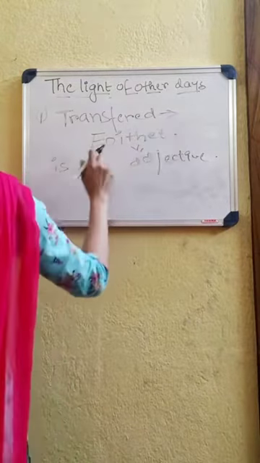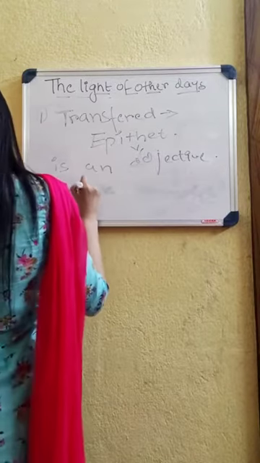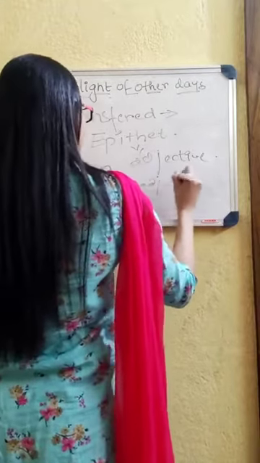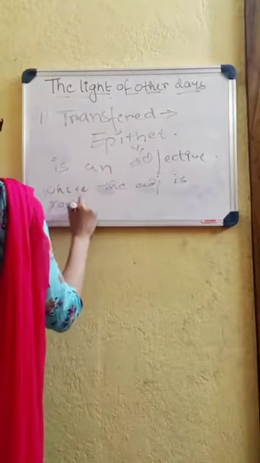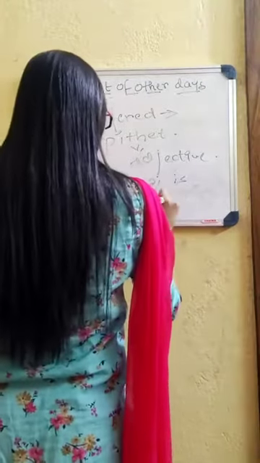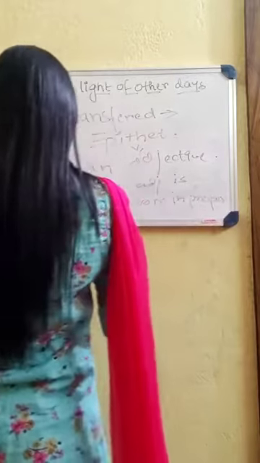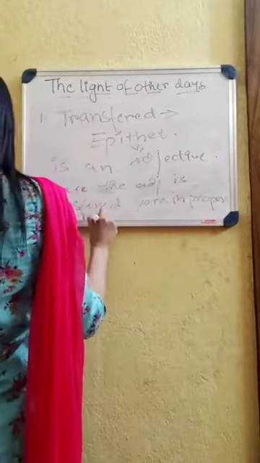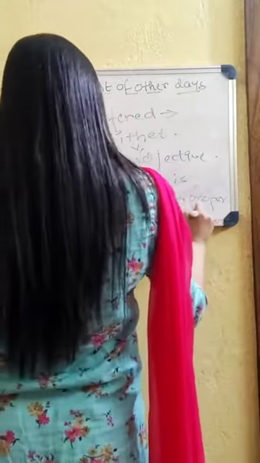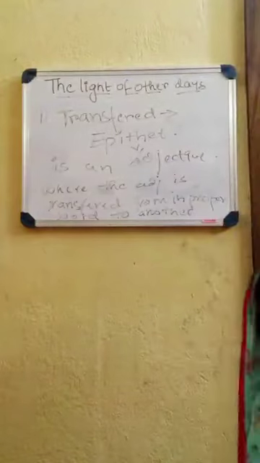A transferred epithet is an adjective where the adjective is transferred, T-R-A-N-S-F-E-R-E-D, from its proper word, P-R-O-P-E-R, W-O-R-D, to another word that is associated with it.